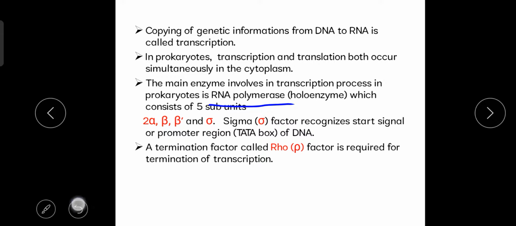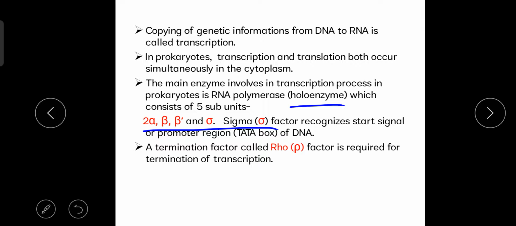Prokaryotic RNA polymerase consists of 5 subunits. In a prokaryotic cell, the enzyme involved in transcription is called the RNA polymerase enzyme, which is also known as the holoenzyme.